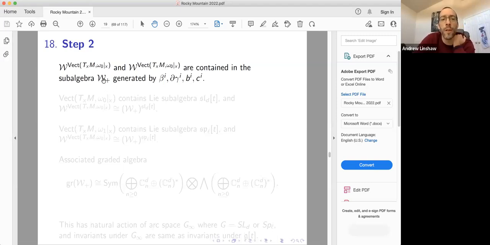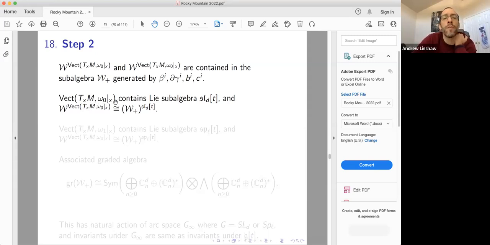I give this a name: W plus just means the subalgebra where I throw out the gammas. Notice that if I throw out the gammas, the betas and the del gammas just form a Heisenberg algebra of rank 2D. The next observation is for the Calabi-Yau case.